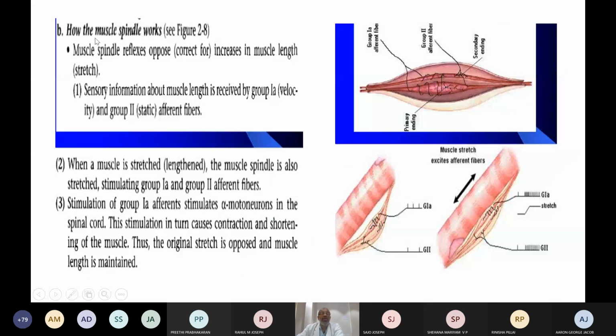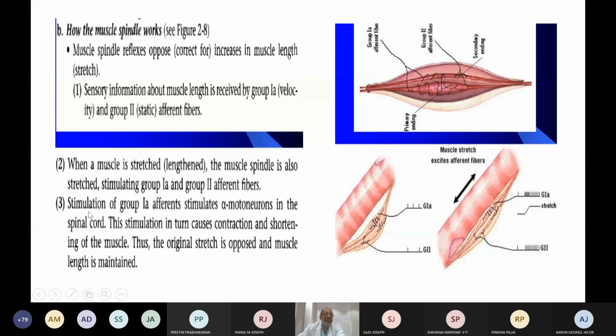Then how does the muscle spindle work? Muscle spindle reflexes oppose, meaning they are responsible for the correction of, an increase in the muscle length, that is the stretch. This is by virtue of sensory information about the muscle length. When the muscle is stretched, the muscle spindle is also stretched, stimulating group 1A and group 2 afferent fibers.